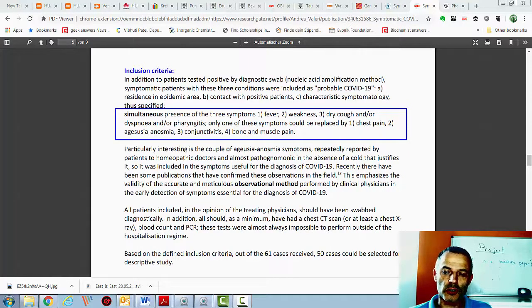But you can see that a lot of these are symptoms of a normal flu. So there is no way to tell whether the patients actually had flu or corona from these symptoms.